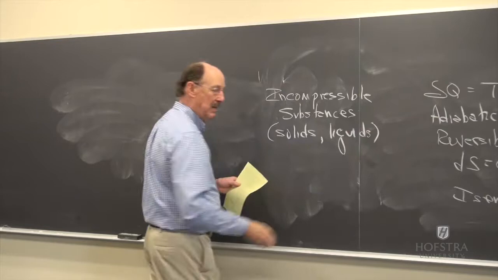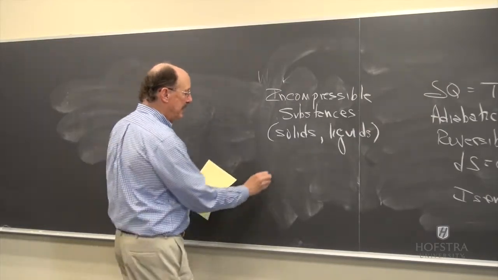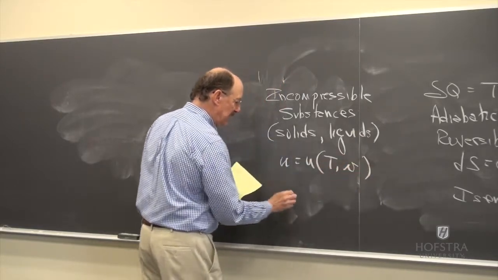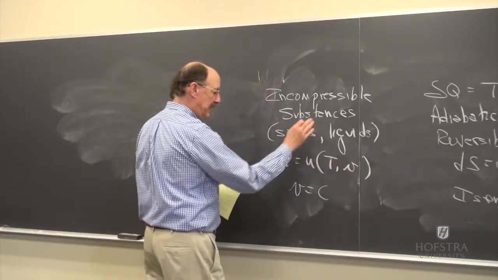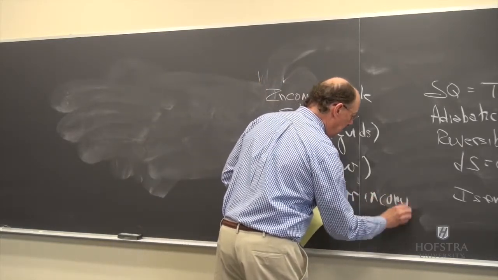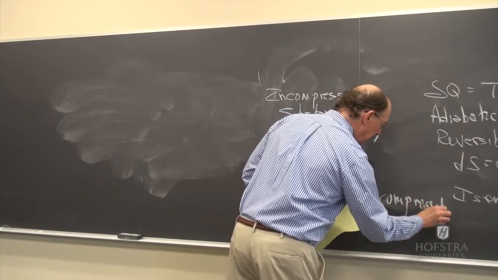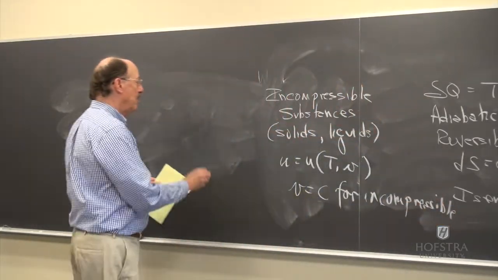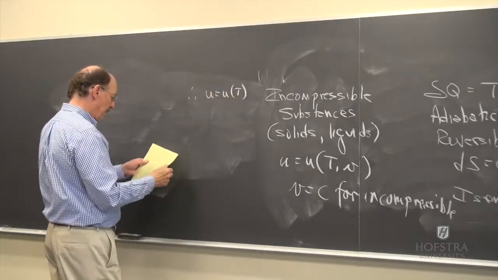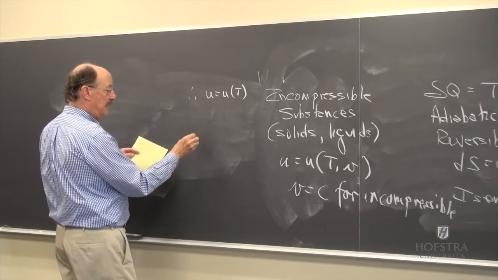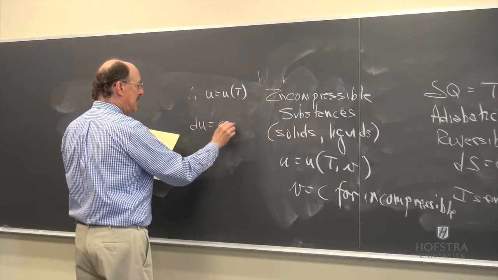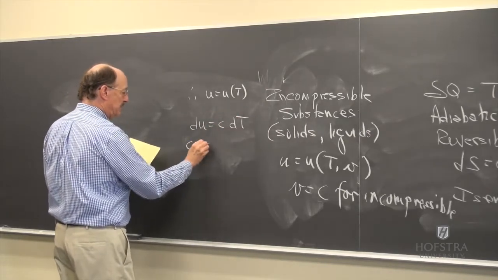and liquids that are not pressurized too much, we have that the internal energy is a function of temperature and specific volume. V is equal to a constant for incompressible. Therefore, U is equal to U of T, and I end up with the expression that du is equal to C dT, where C is equal to the specific heat.